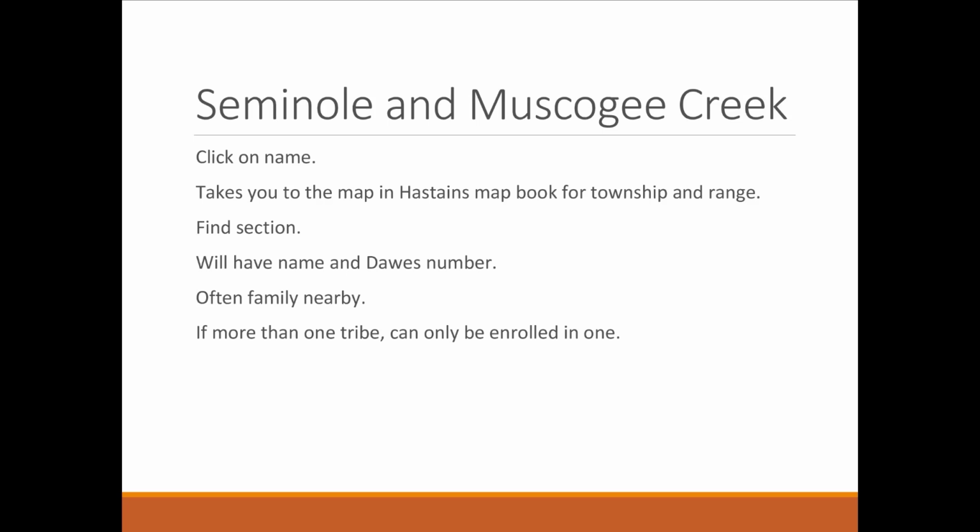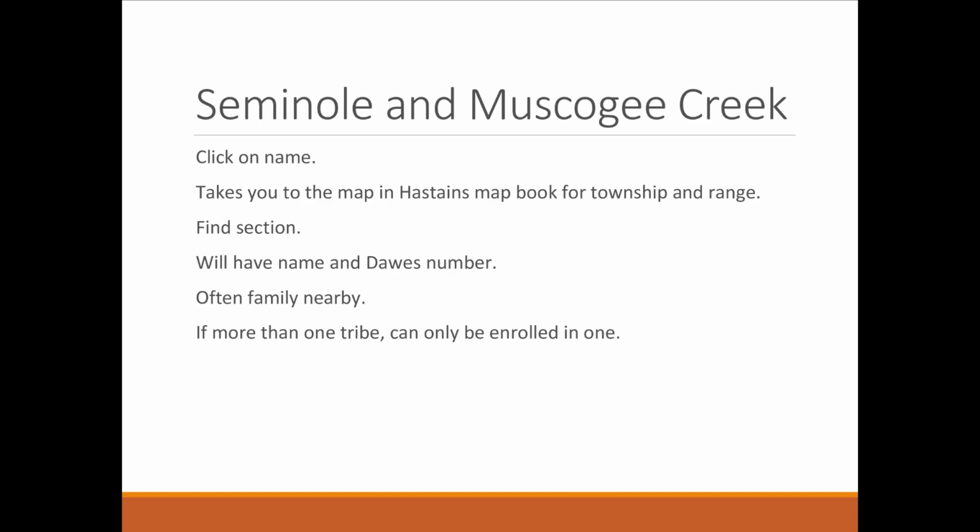So I'm going to show you the Seminole and Muskogee Creek, because due to the Oklahoma History Center's index for these, it's almost magic the way you find these allotments. They're so much easier than all the others.